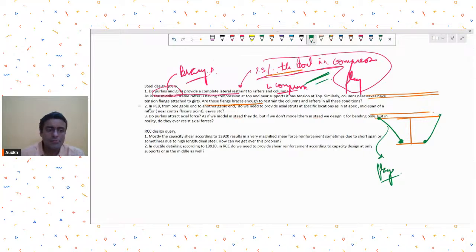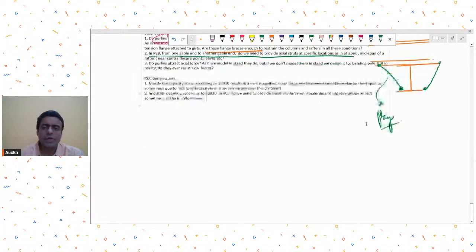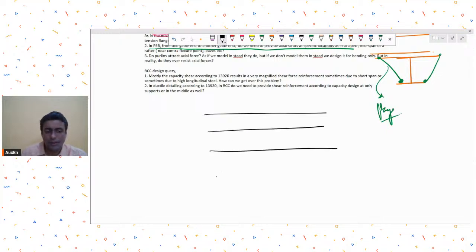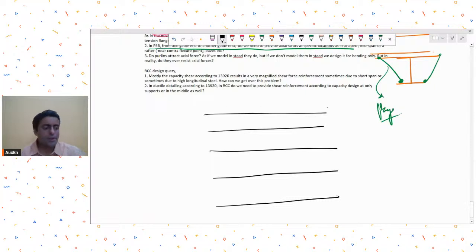His next question is, in PEB from one gable end to another gable end, do we need to provide axial struts at specific locations? Yeah, so usually we may like to have tie runners or X bracings. So suppose I'm showing you frames in plan. Let's say these are my PEB frames in plan view.